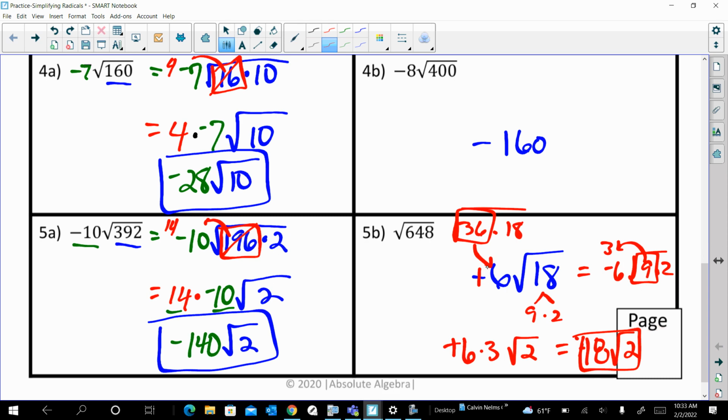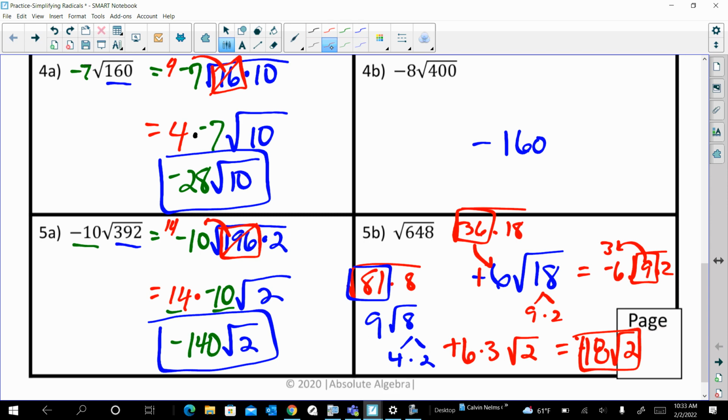Did someone use a different set of factors? Because you didn't have to use 36 and 18. You could have used another set of factors. 81 and 8, okay? That works. 81 is the perfect square. That gives you 9 and 8. Now 8 can be broken down to 4 and 2.